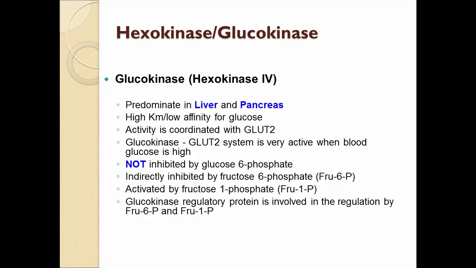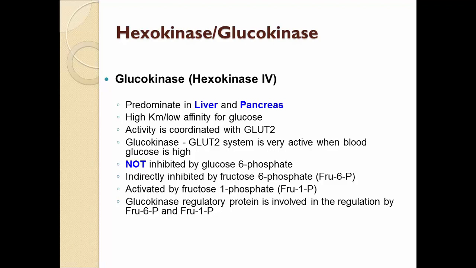And this enzyme is different from hexokinase. It's not regulated by glucose 6-phosphate, but it's actually regulated by fructose 6-phosphate. So this enzyme in different tissues is regulated by different substrates.